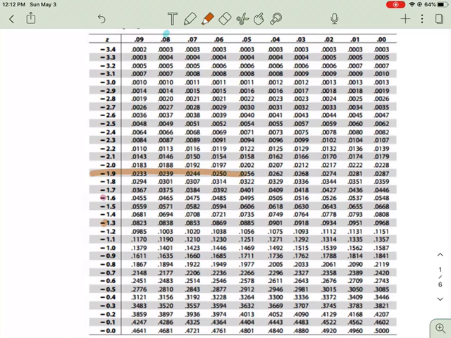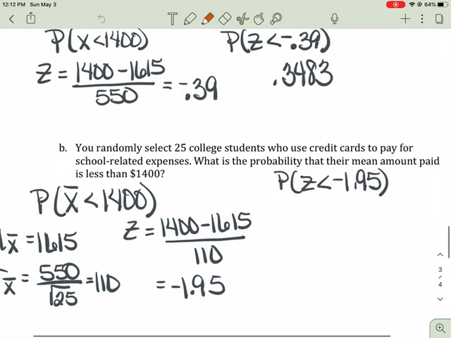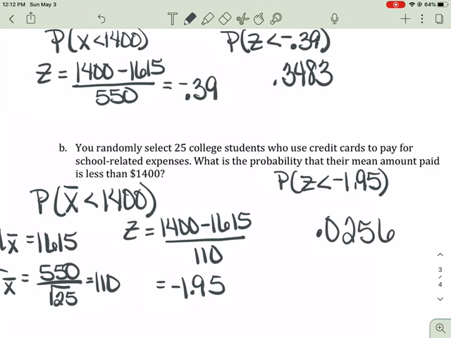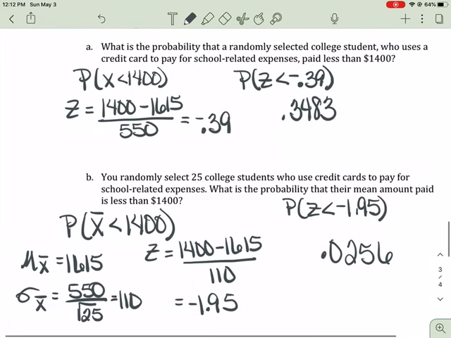Negative 1.9, and 5 is here. 0.2056. Oh, 0.0256, let's try that again. So our probability goes from 35% to 3% by taking a sample size.